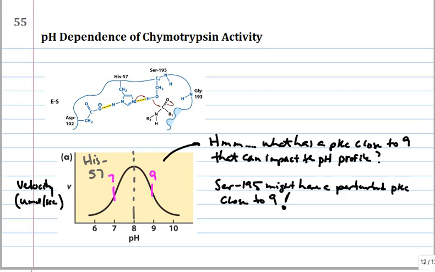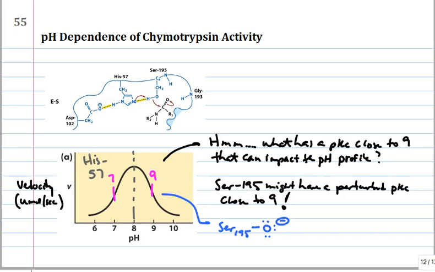So if serine 195 had a pKa close to 9, then right in this area, we would start getting serine 195 O negative, because we're titrating it, we're deprotonating it. Is formation of serine 195 in the base form going to cause the activity to go down pretty much close to 0?